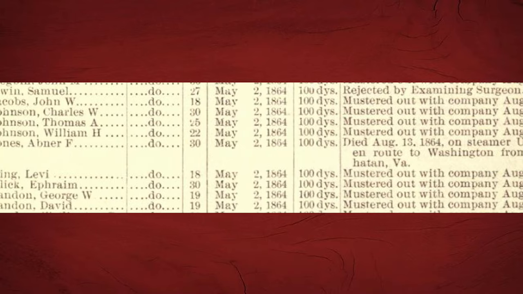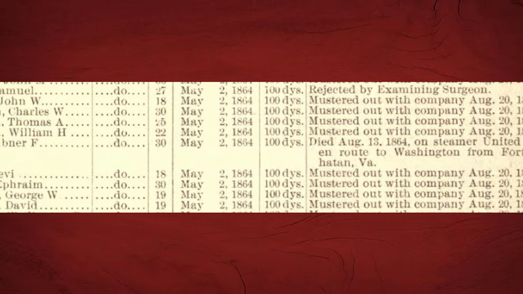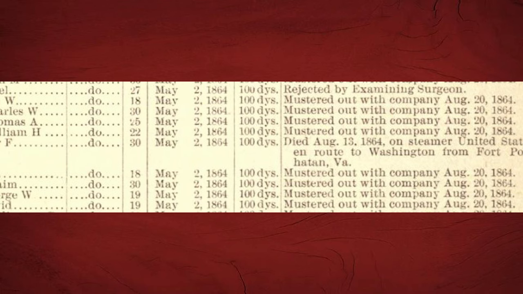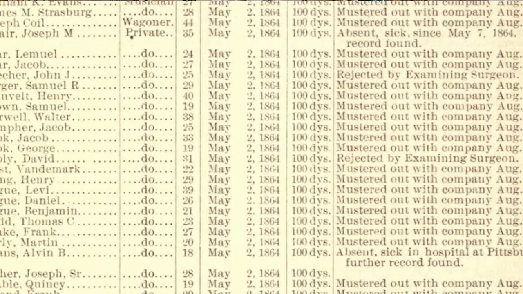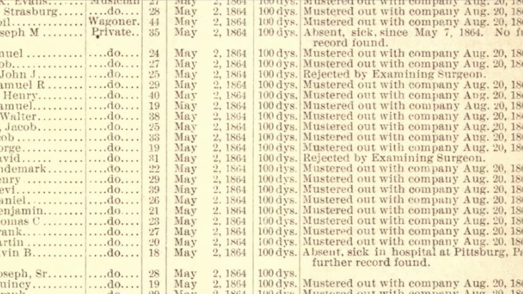Using the remarks on the roster, sometimes the remarks would say things like, this person died on this date in this place. And then I could add those details into the death date and death location fields. There were also some comments such as rejected, sent home, discharged, and so forth.